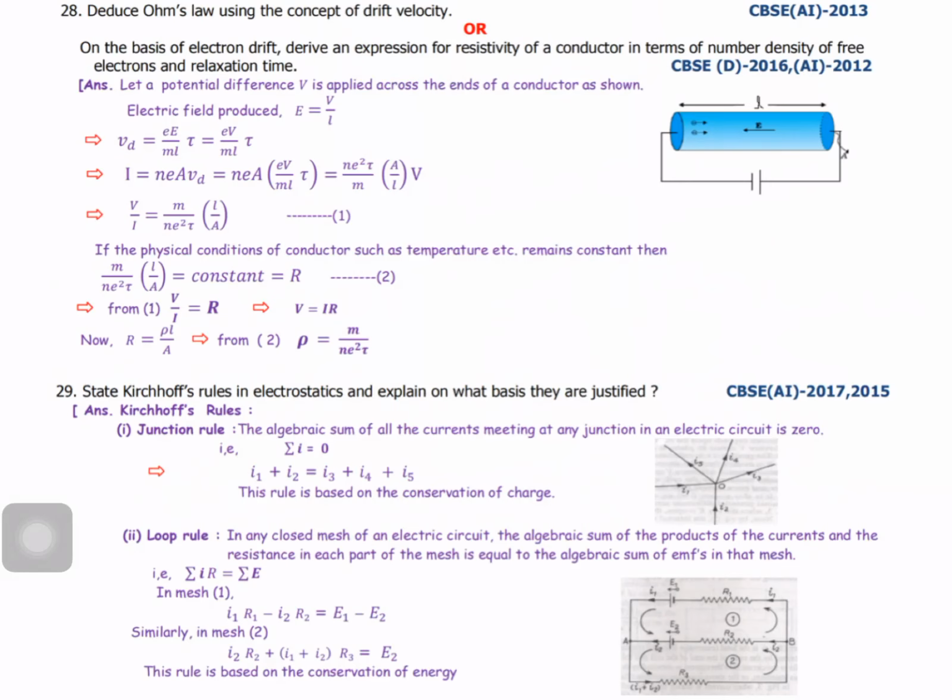And next one, as a question: deduce Ohm's law using the concept of drift velocity. Or in other words, they can ask, on the basis of drift velocity, derive an expression for the resistivity of a conductor in terms of number density of free electrons and relaxation time.